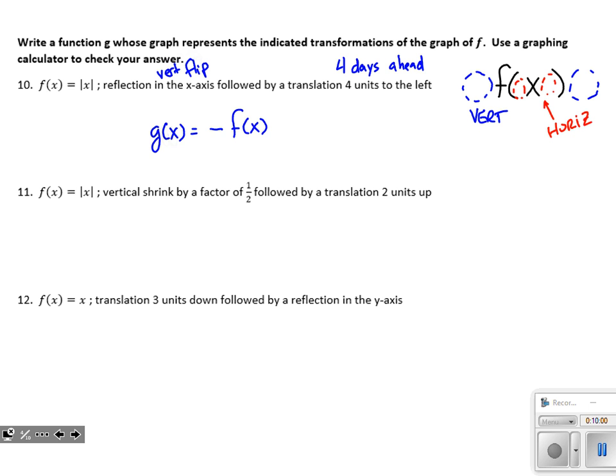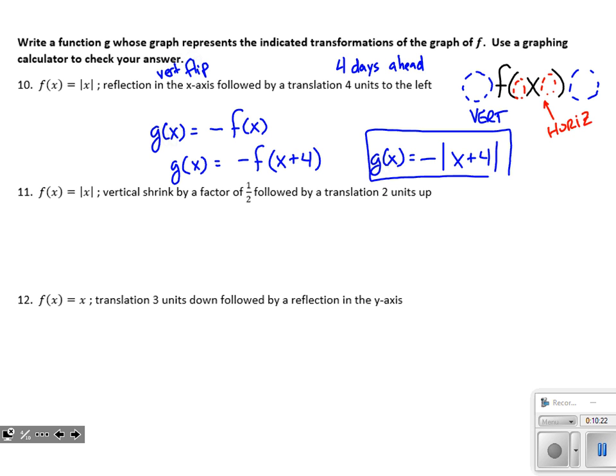Then after that, I'm adjusting it to go 4 units to the left. So that means I need to adjust the input as well. I need to make it say x plus 4 because we're 4 days ahead of schedule. Now we can finally answer the question, now that we know where our changes are occurring: negative absolute value of x plus 4.